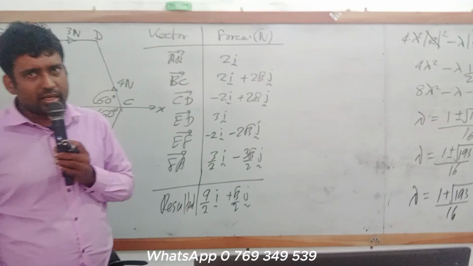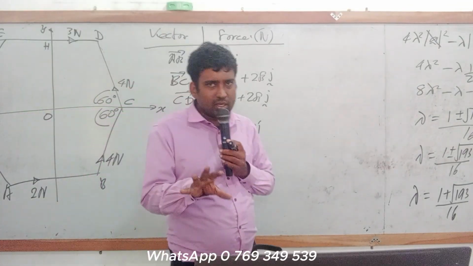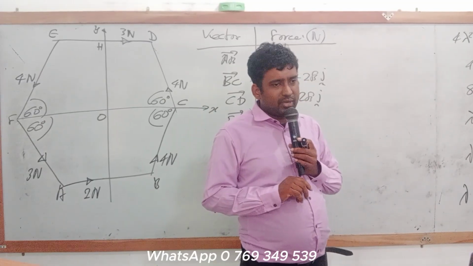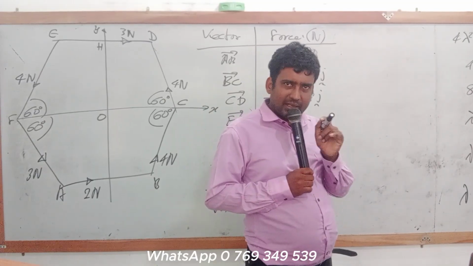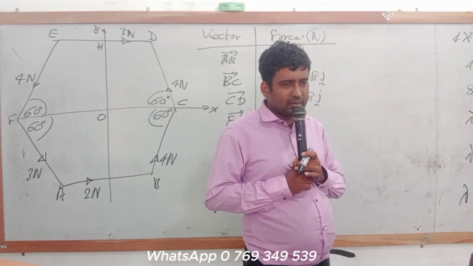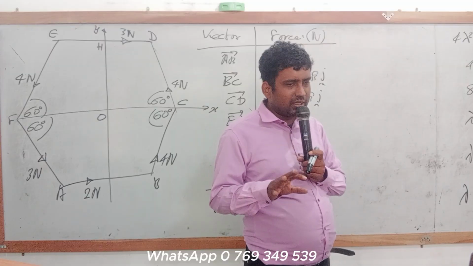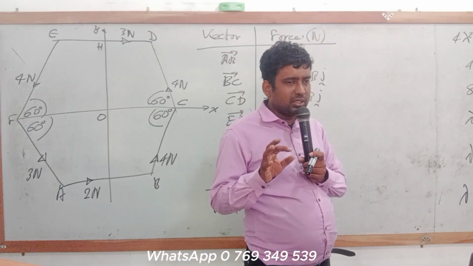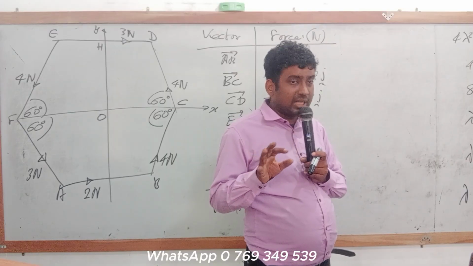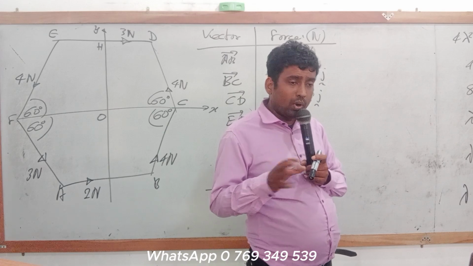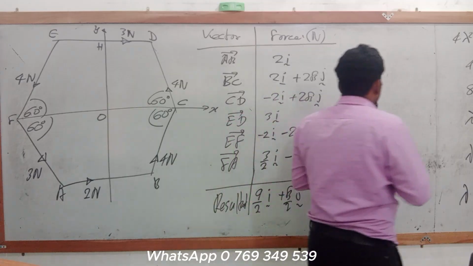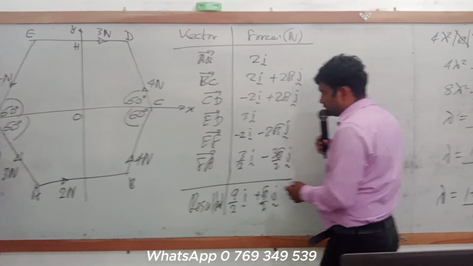Always we have to find the magnitude of the vector. The question says: find the magnitude of the vector and the couple representing the system of forces at O. First, see the resultant.